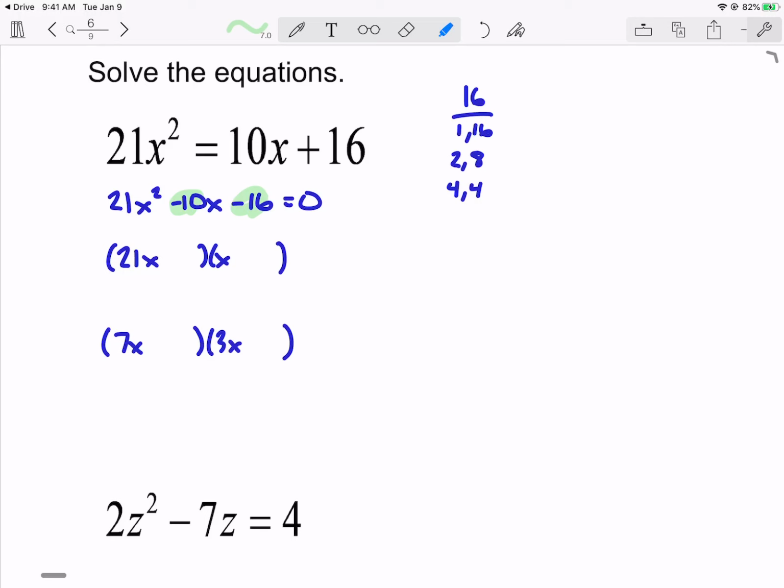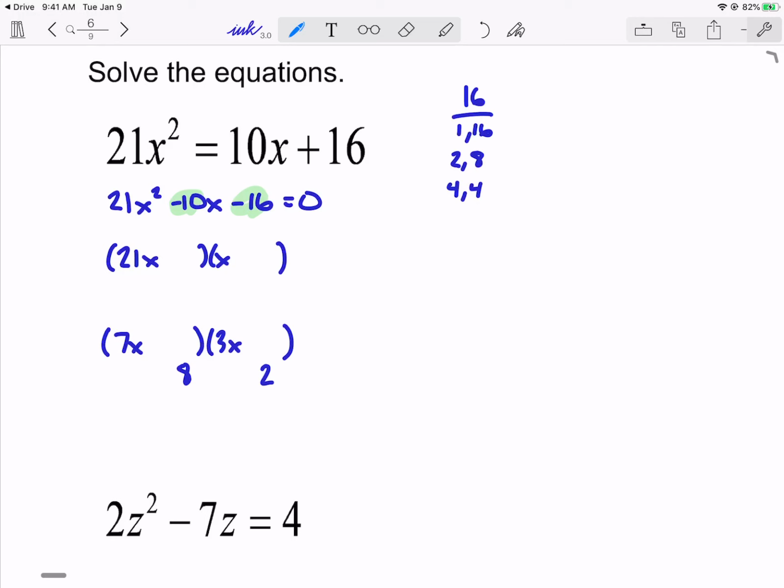What do we think? Well, if we look at the 2 and the 8, those look the most promising. But that's going to be too large, so I'm probably not going to be looking at the top one. I'll probably be looking down here. Let's see why. 7 times 2 gives me 14, and 3 times 8 gives me 24.